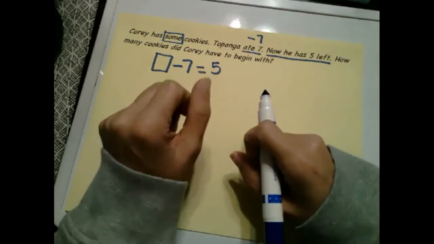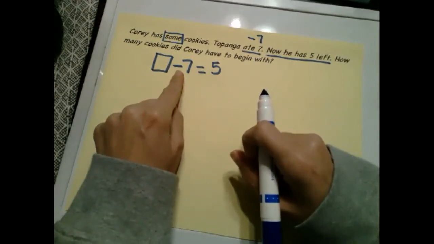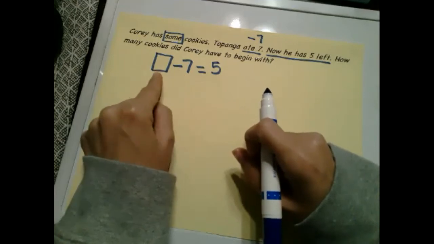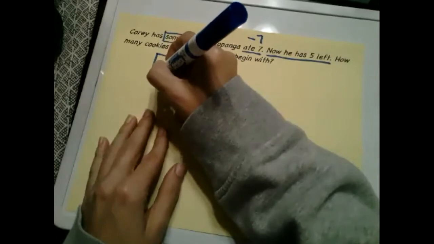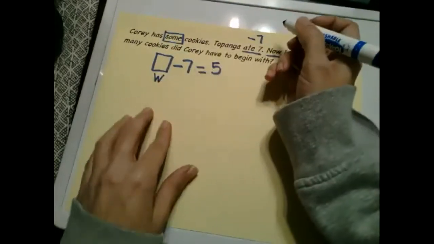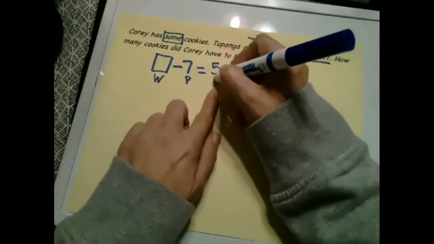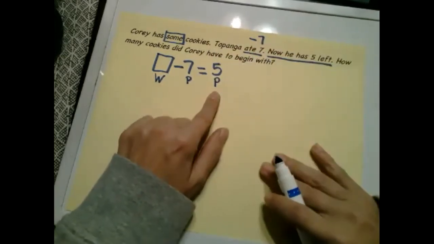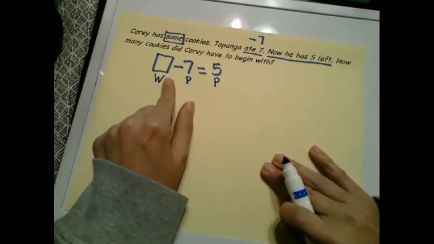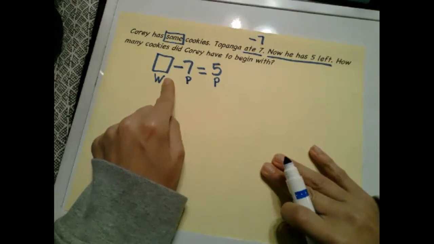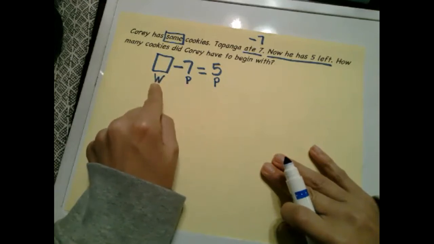I know that when I start a subtraction problem, my largest number or my whole is always first. So I know that this must be my whole. I know my whole can minus a part to get to the other part. So I'm trying to solve for my whole. Last time we were together, we were solving for a part. This time, we're solving for our whole.